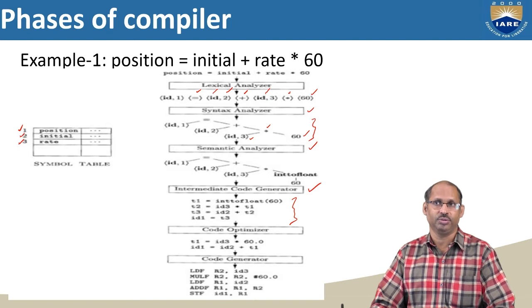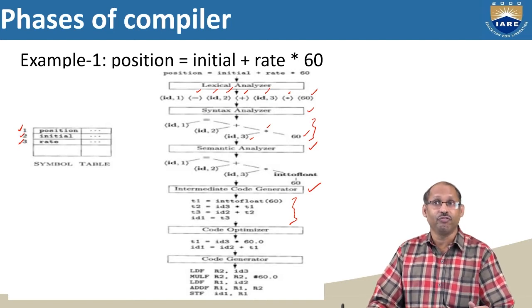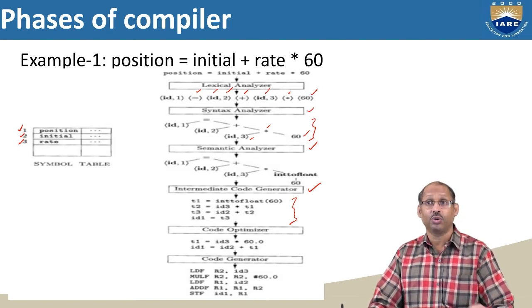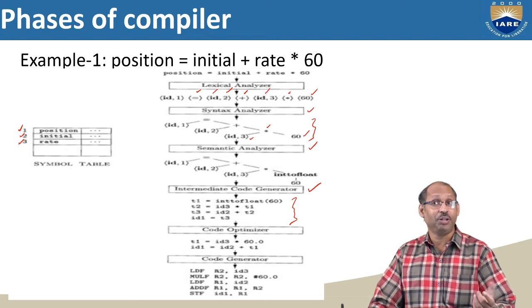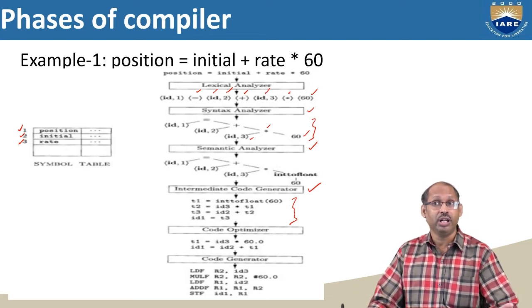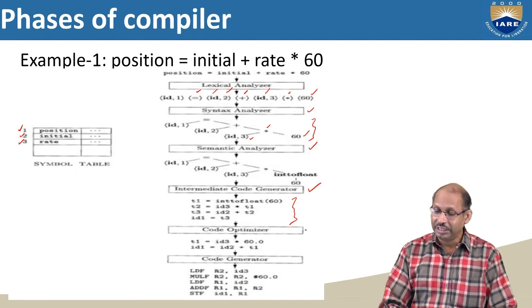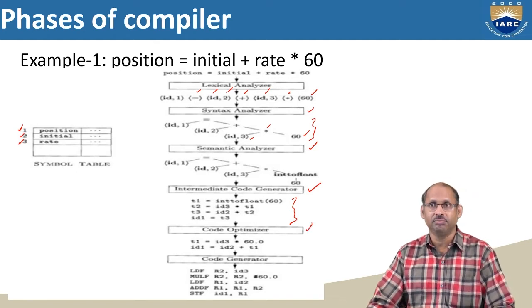three address code. This three address code will be the input to the code optimizer. What is the task of this code optimizer?